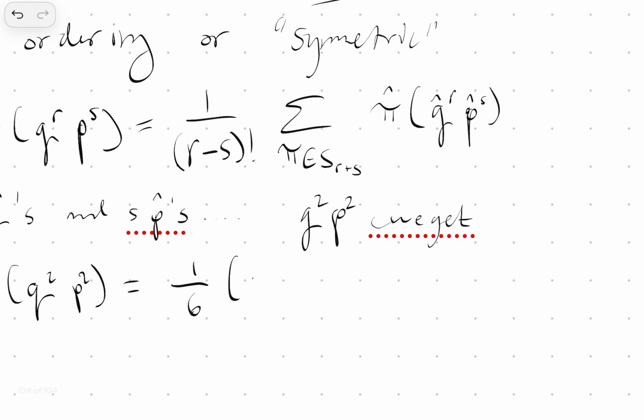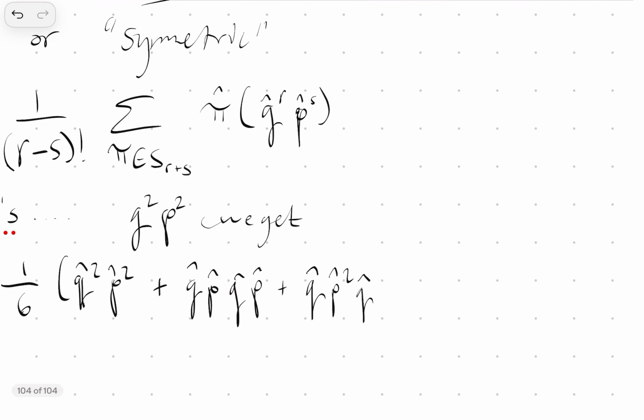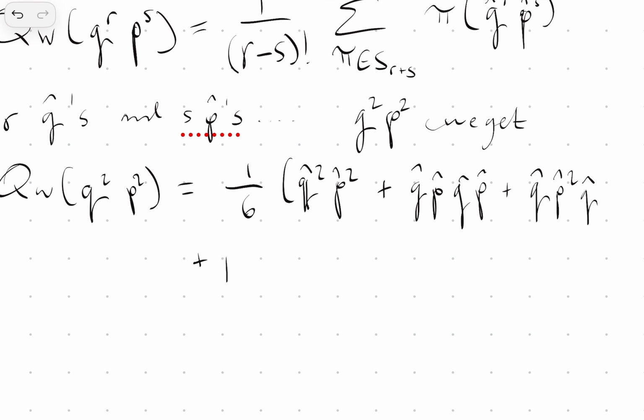So we would have Q hat squared P hat squared plus Q hat P hat Q hat P hat plus Q hat P hat squared Q hat, and let's keep going down here, plus P hat Q hat squared P hat plus P hat Q hat P hat Q hat plus P hat squared Q hat squared.